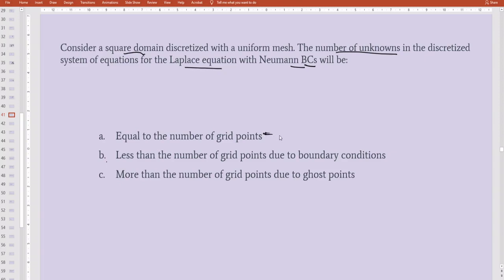So this condition is not feasible. Option A gives the idea that we don't know the values at the boundaries either. Such a system is difficult to solve.